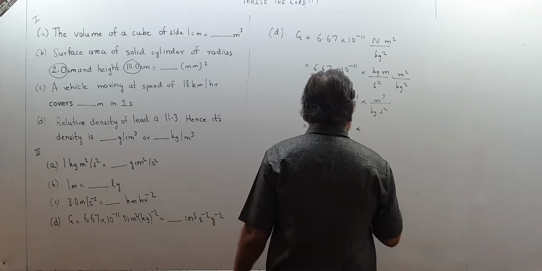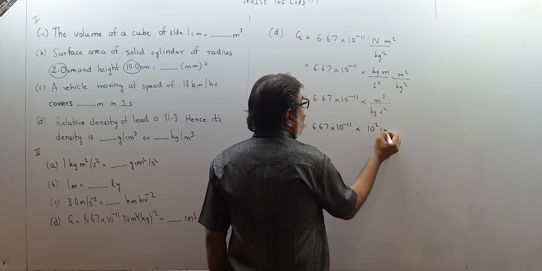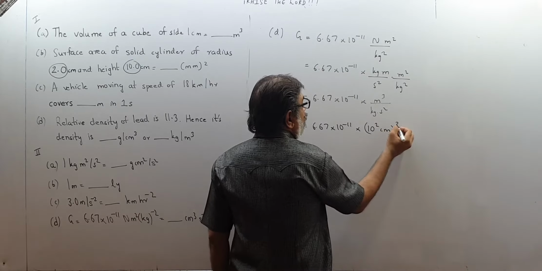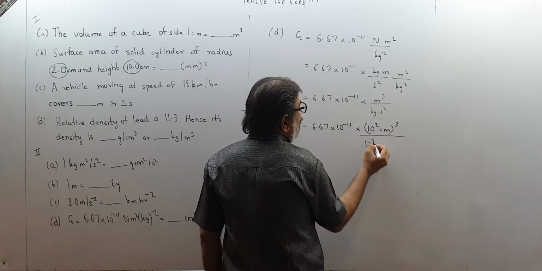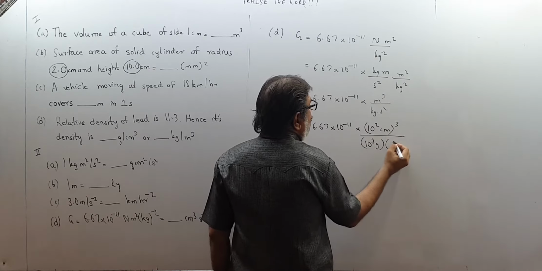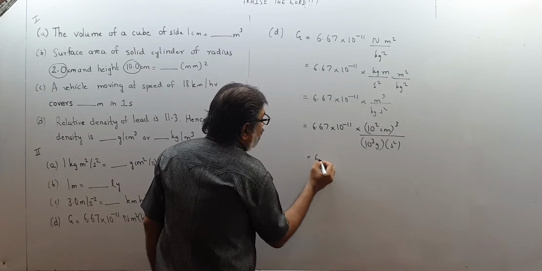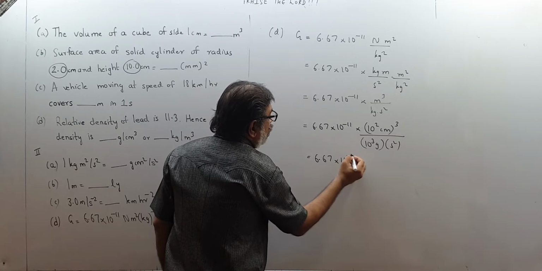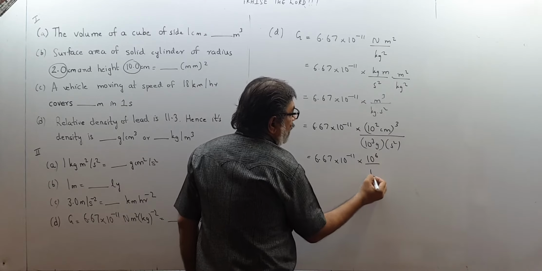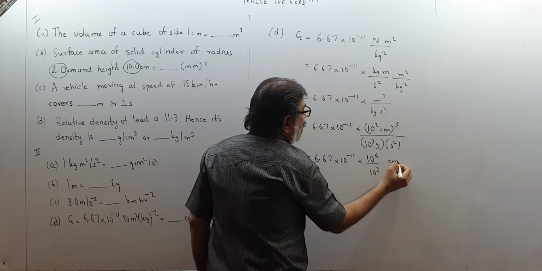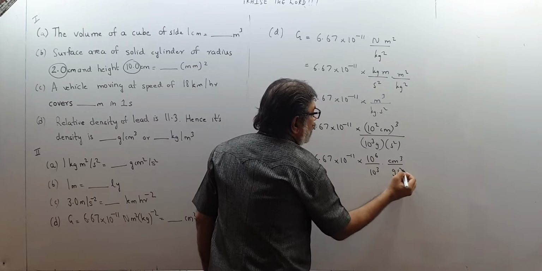Okay. So if I write like this, this becomes 6.67 into 10 raised to minus 11 meter cube. See, I want centimeter cube. So meter cube is 10 square centimeter cube. 1 meter is 100 centimeter. 1 kilogram is 1000 gram and second square. So this becomes 6.67 into 10 raised to minus 11. See, 10 raised to 6, 10 raised to 3 centimeter cube upon gram second square.